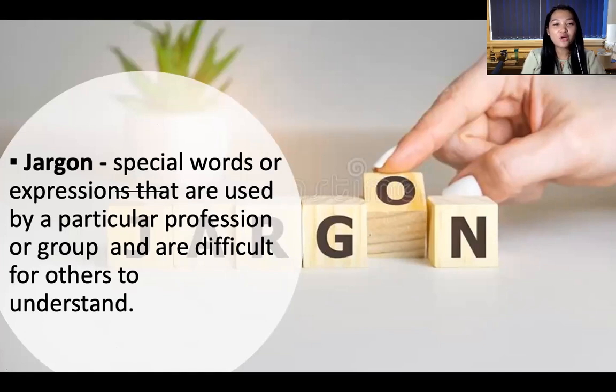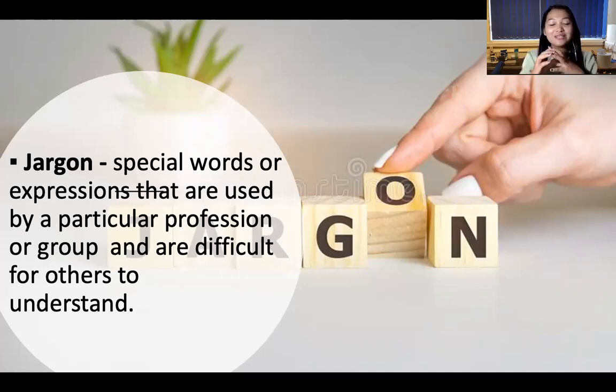Jargon refers to special words or expressions that are used by a particular profession or a group of professions, and this can be difficult for other people who are not in the profession. For example, for teachers, there are some jargons or special words that are only for teaching.